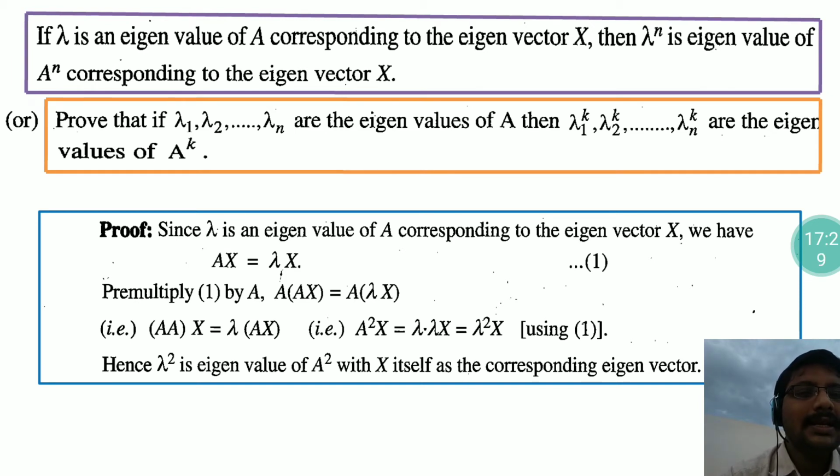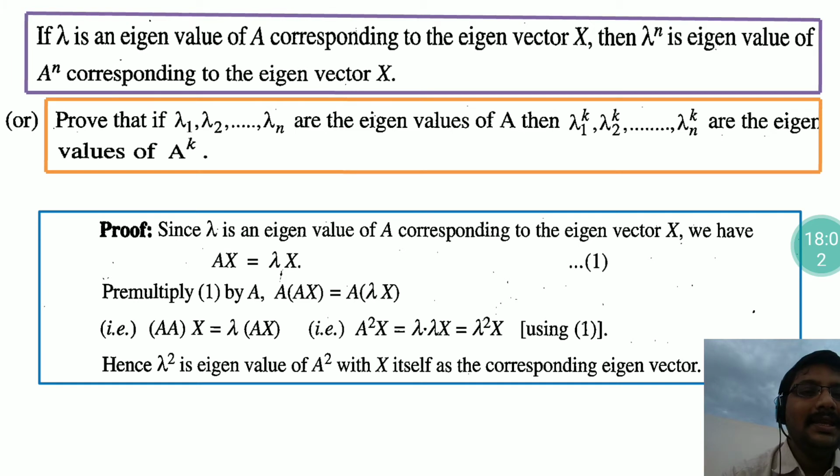But what is Ax here? Again from equation 1 we have lambda x, that is lambda into lambda x is equal to lambda square x. So thus we will have A square x is lambda square x. Ax equal to lambda x implies that lambda is an eigenvalue of A. Now A square x is equal to lambda square x, which implies that lambda square is an eigenvalue of A square, with x itself as the eigenvector.